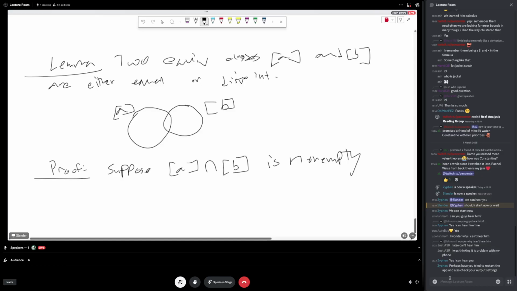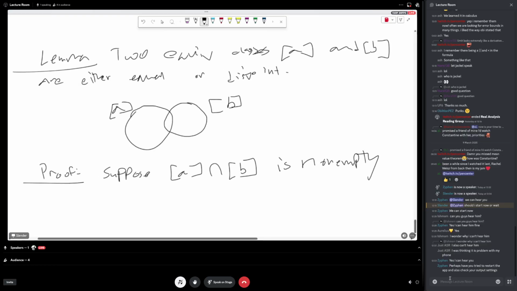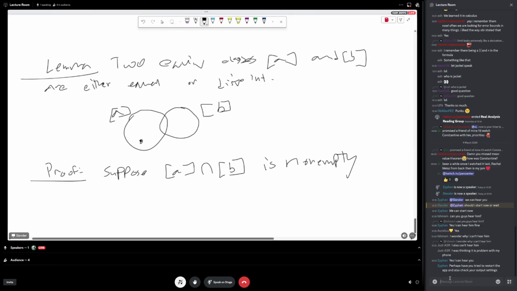Then we pick some random elements. Let's say we pick a here, and then we pick b here, and in the intersection we have some element, let's say this is c.